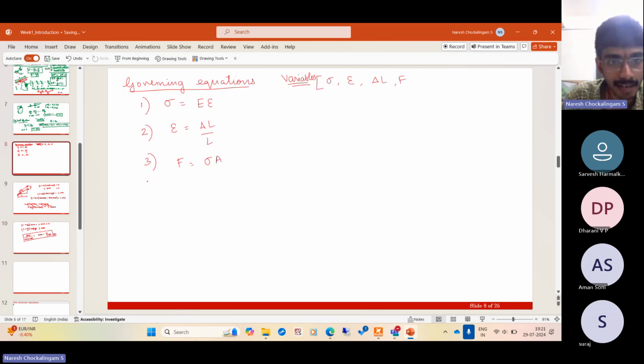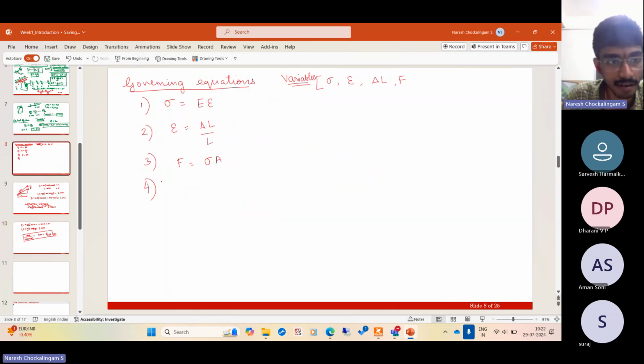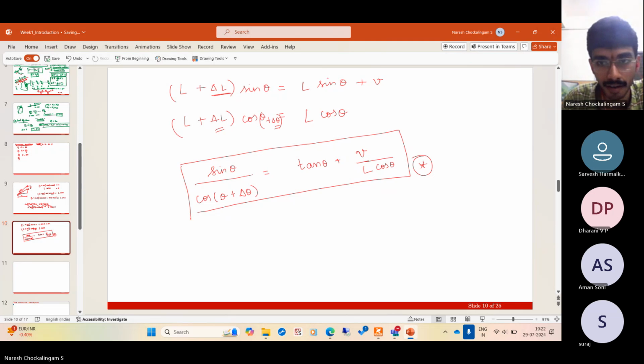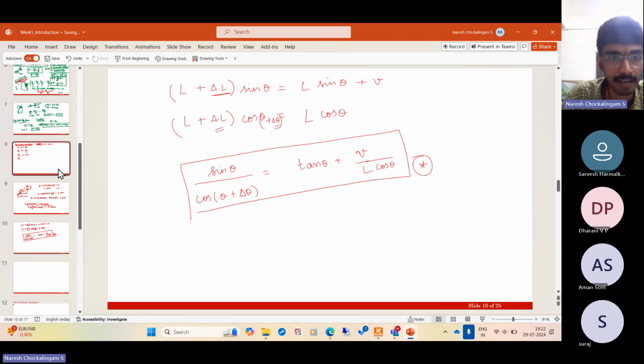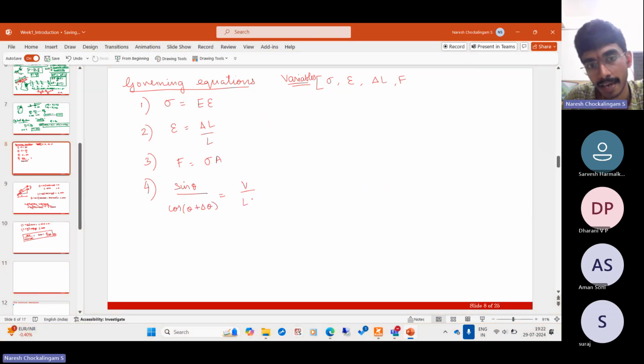So here I'm putting a fourth relationship, which is this entire thing, sine theta by cos theta plus delta theta is equal to V by L cos theta plus tan theta.